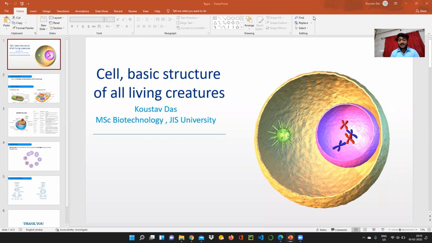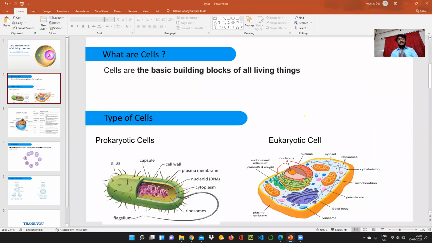So, what are cells? Cells are essentially the most important things in our life. Cells are basically the building blocks of living organisms. So, what do cells do?